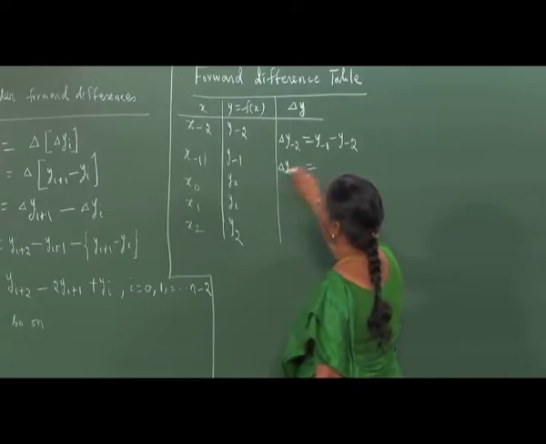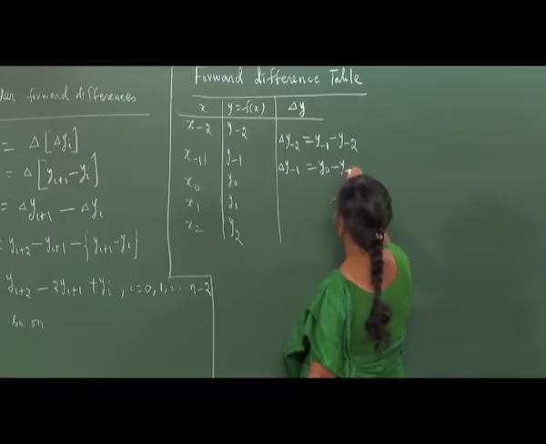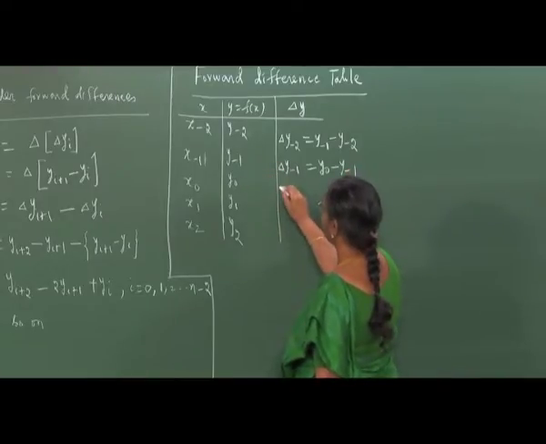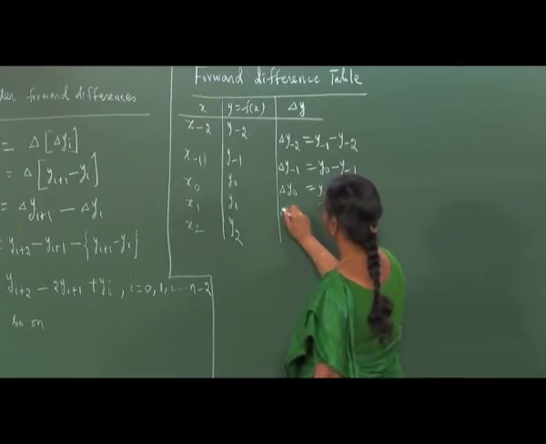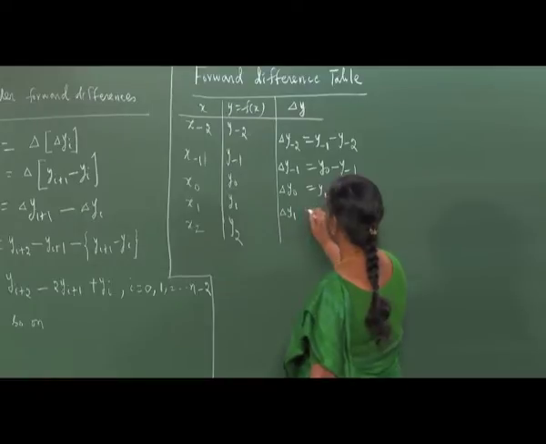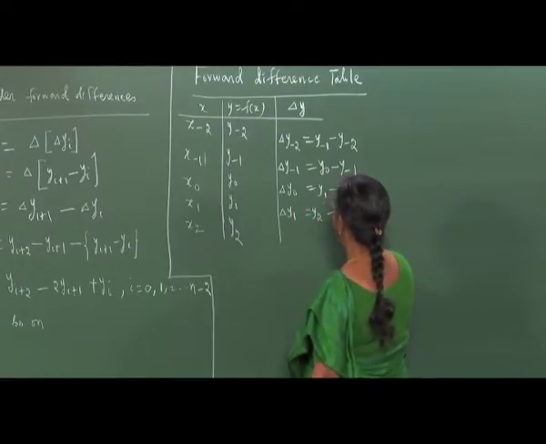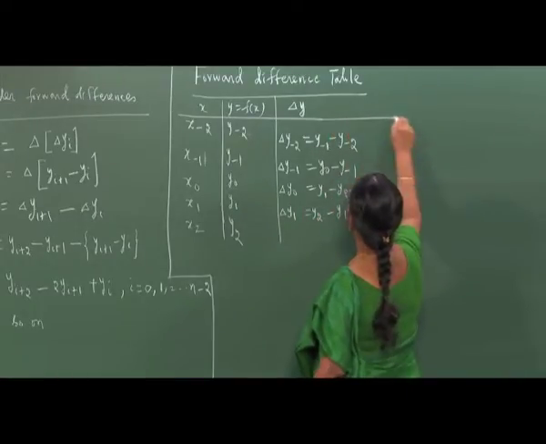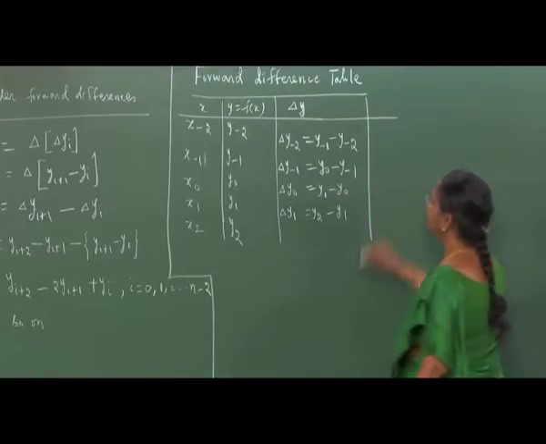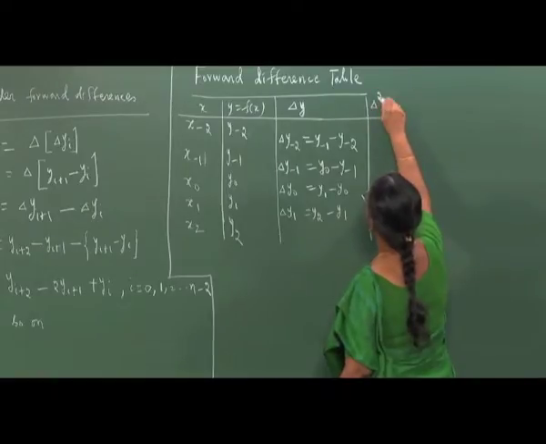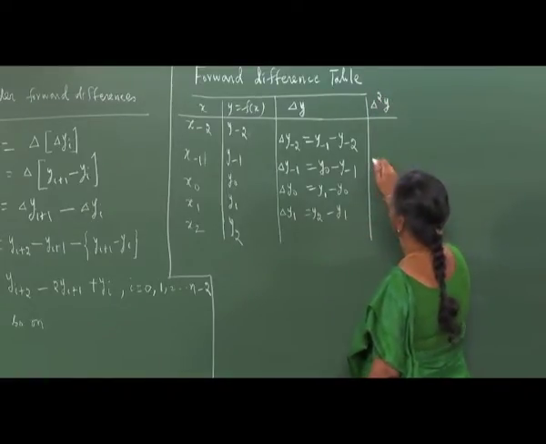What is delta on y minus 1? It is the next value y naught minus y minus 1. Delta on y naught will be y1 minus y naught. Delta on y1 is y2 minus y1. So, these are the first order forward differences. Let us compute the second order forward differences.